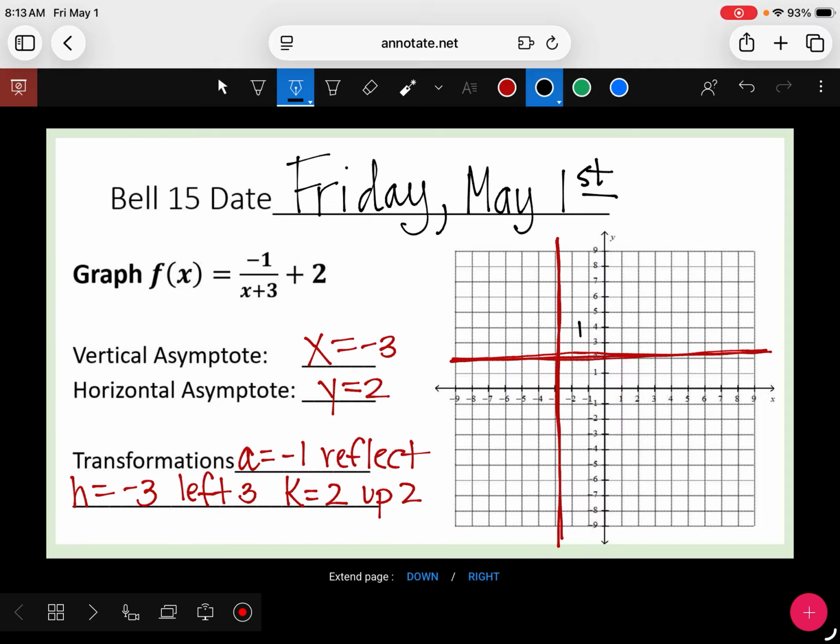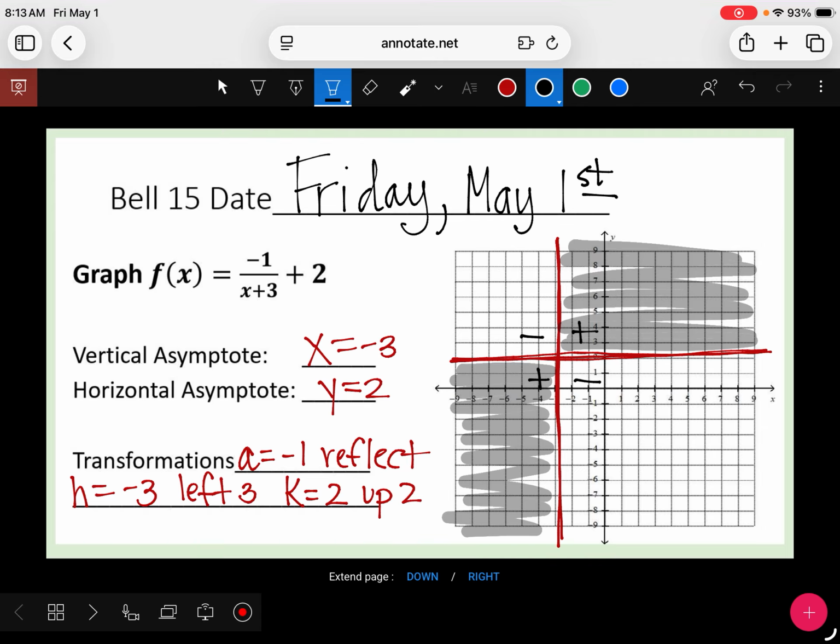So positives are here and here, negatives here and here. Because it's negative, I'm not graphing in the positive. So this area and this area, I'm going to gray those plus sides plus out.